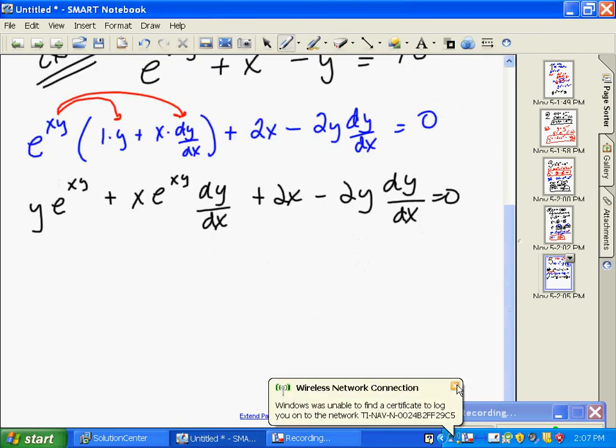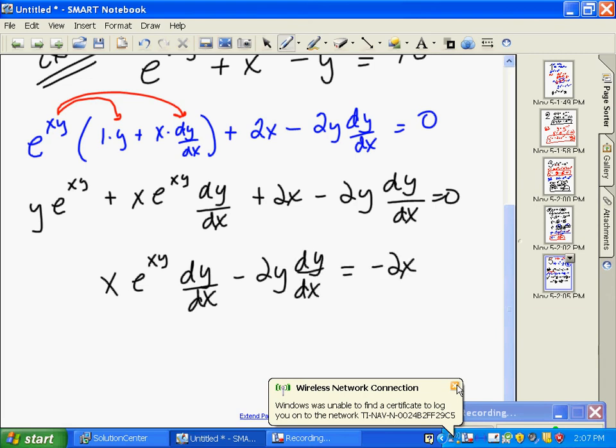Now if I look here, I want to keep the dy dx's on the same side. So I'm going to leave those there. Move the 2x to the other side, it becomes negative, and move the y e to the xy power, and it will become negative.